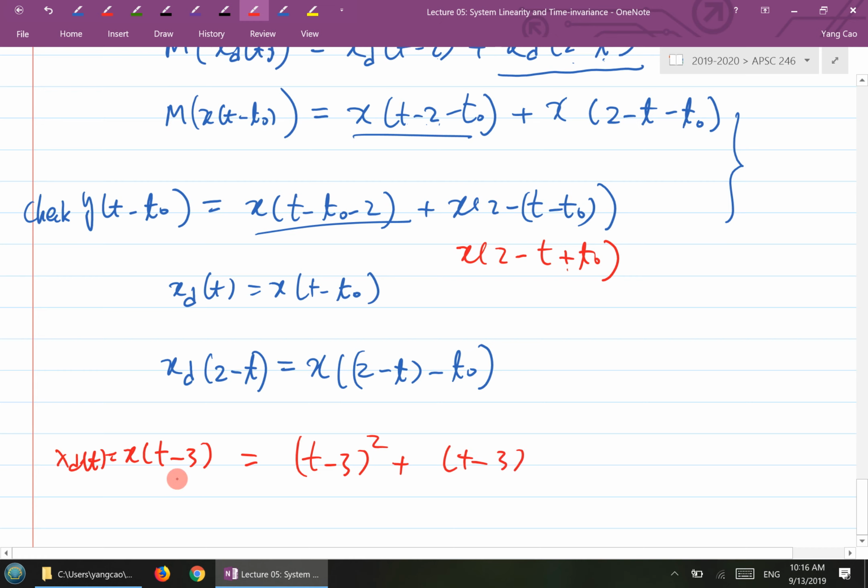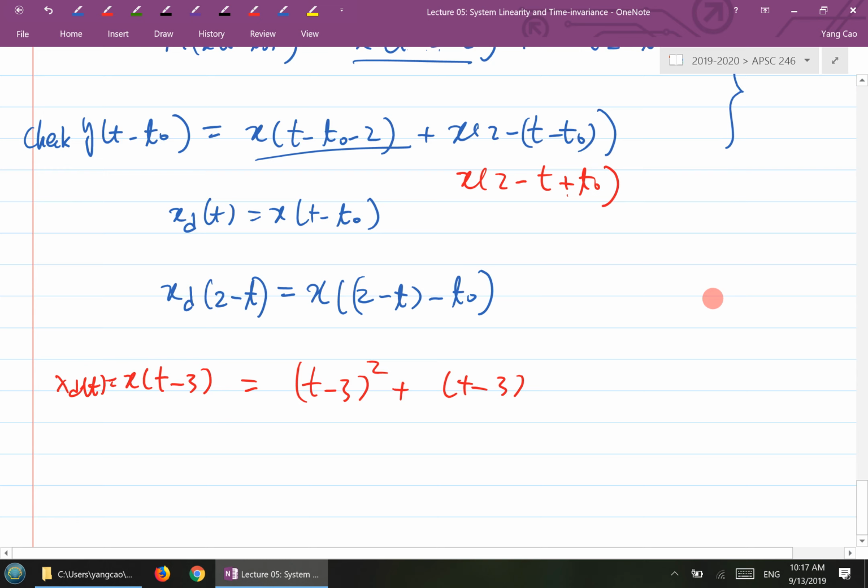This is how you write function of t minus 3, right? Because you have a common t minus 3 term here. So according to what we're doing here, if typically you say, okay, can you replace the t with, let's say, a 4? What do you do? You find the t here, replace that with 4.